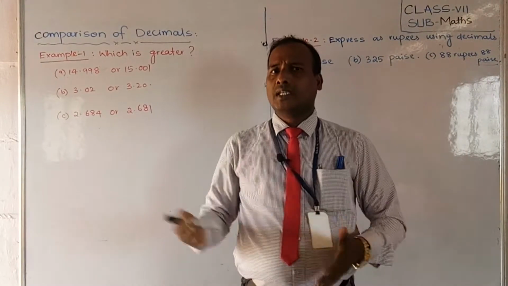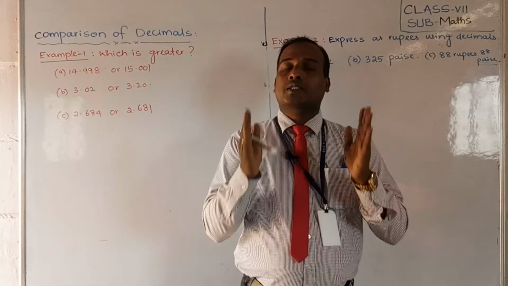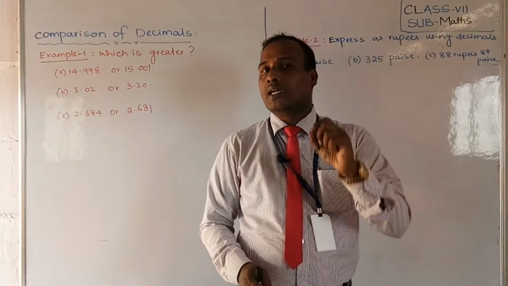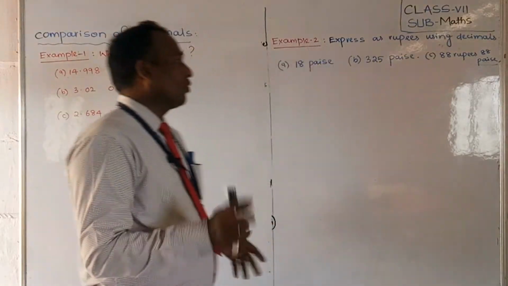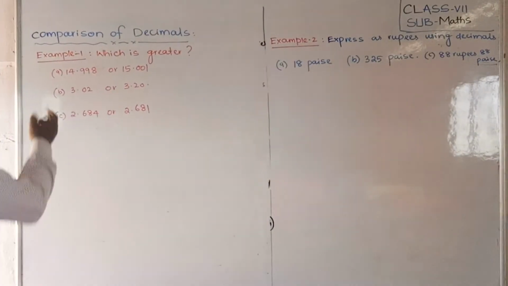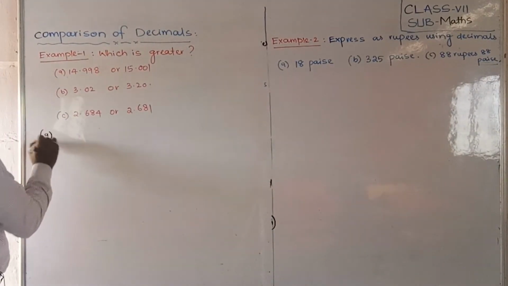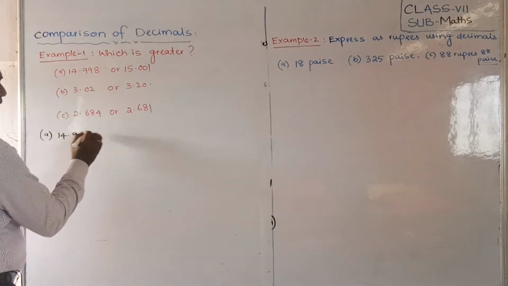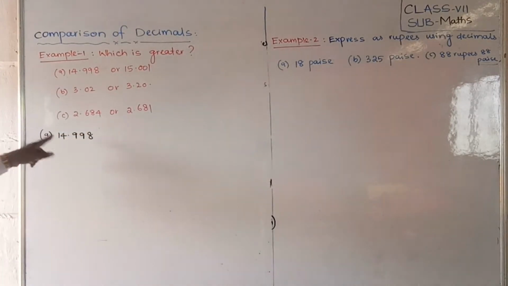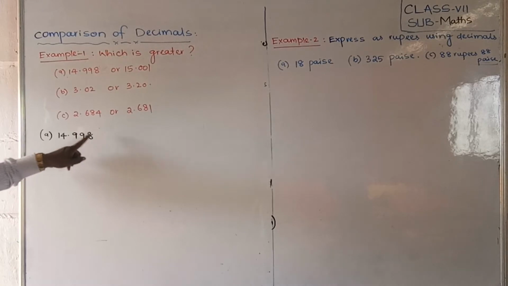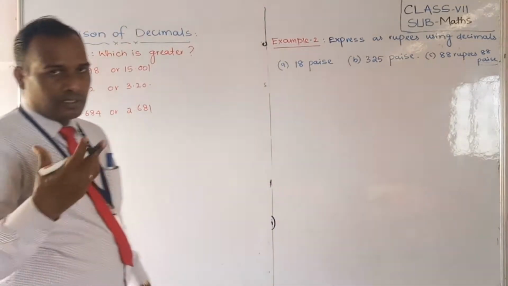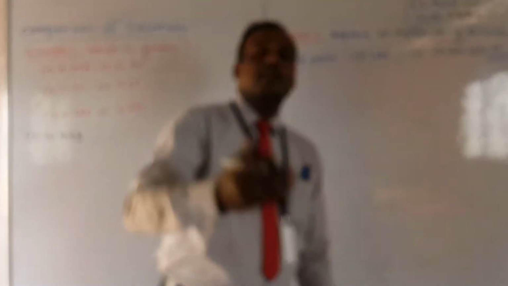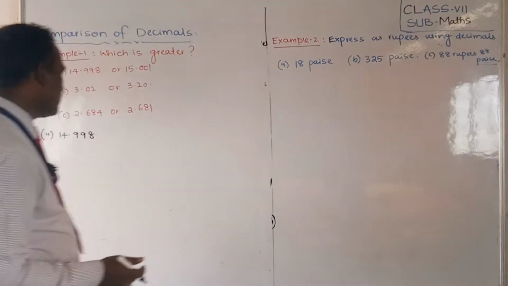Okay, let us see by examples I have written. First you try to understand. The first step is to check the whole part. Look at the first question, A: 14.998. How do you read it? Some students are reading it wrongly as 14.919, but that is not correct.